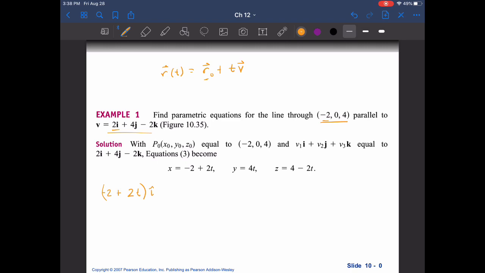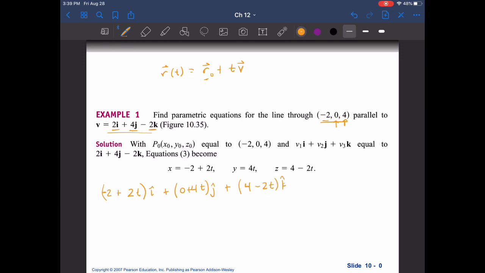And then we have to do the j direction, so plus, in the j direction, we have 0 there, so 0. And then in the j direction here, we have a 4t, so plus 4t in the j direction. And then in the k direction, we've got a 4, and then we have a minus 2t in the k direction.